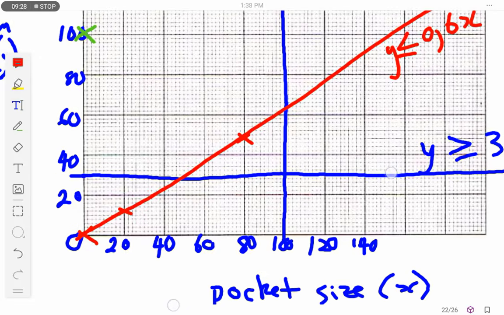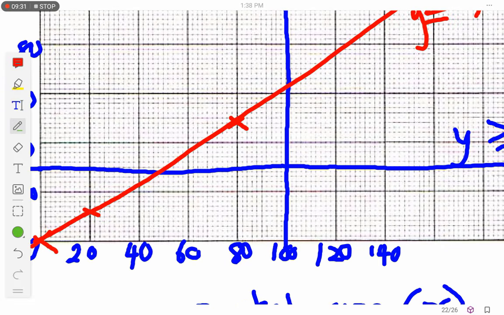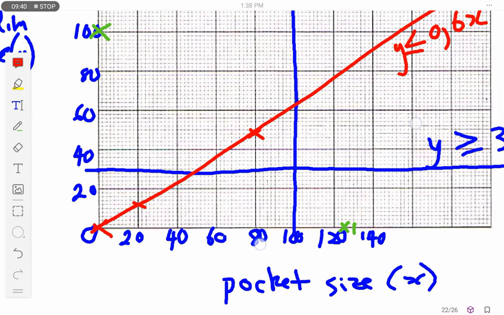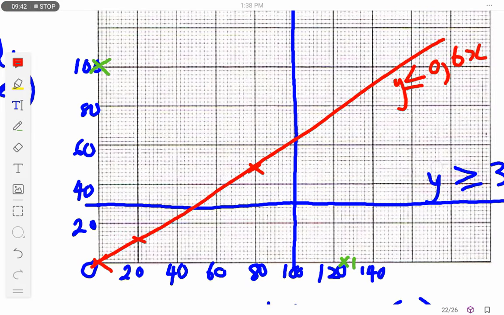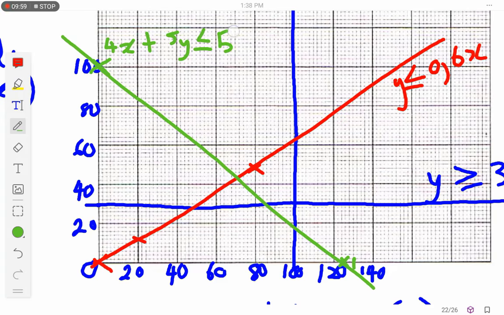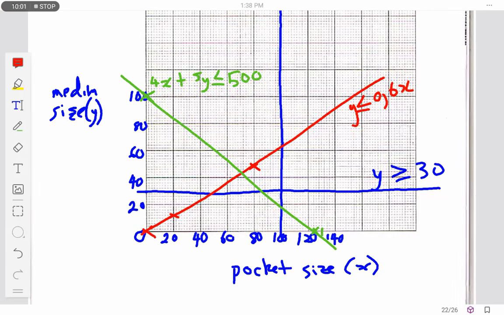Let me just zoom in so that I see where my 125 is going to be, because this is 130 there. 130 is here, so 125 is going to be in the middle here. Okay, fine. So my line is coming from here, going through there, something like that. So this is going to be our 4x plus 5y is less or equal to 500. We are done drawing the graphs.